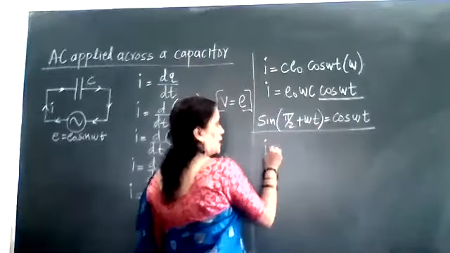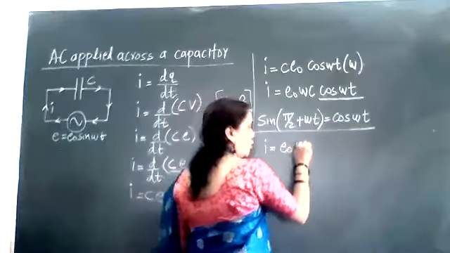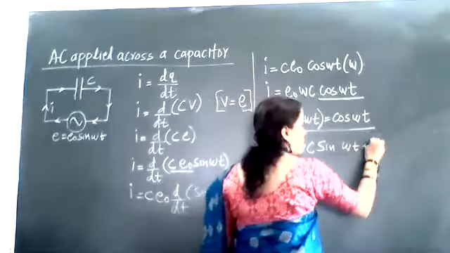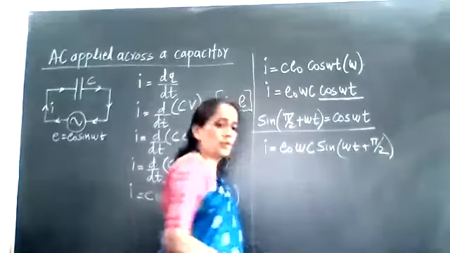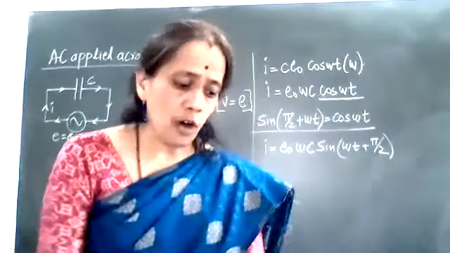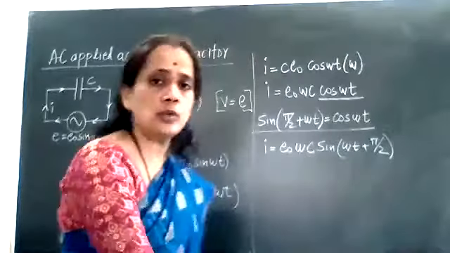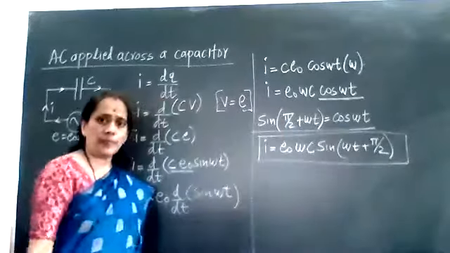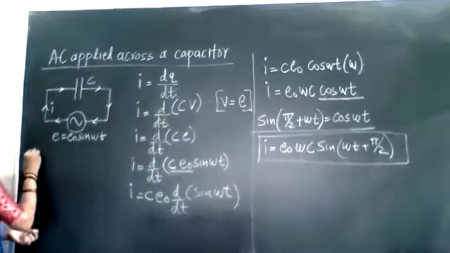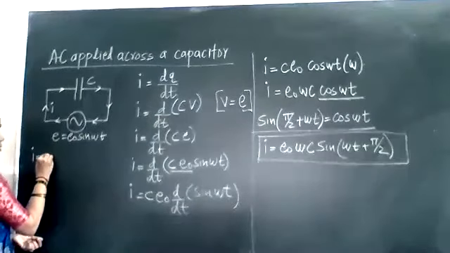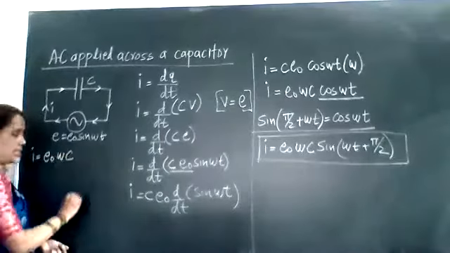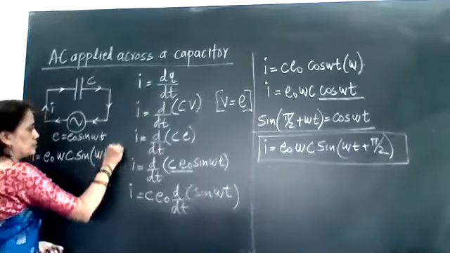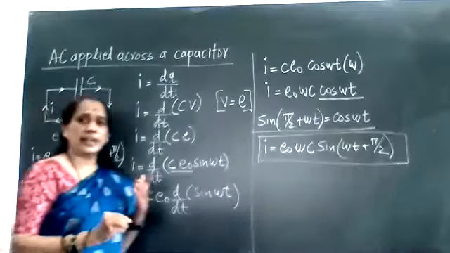So I get here current I is equal to E0 omega C into bracket sine of omega t plus pi by 2. So this is nothing but my value of alternating current which will be used to charge your capacitor. So this is your current value. Now that current value I can write down here: alternating current value I is equal to E0 omega C sine of omega t plus pi by 2. So this is nothing but your alternating current.